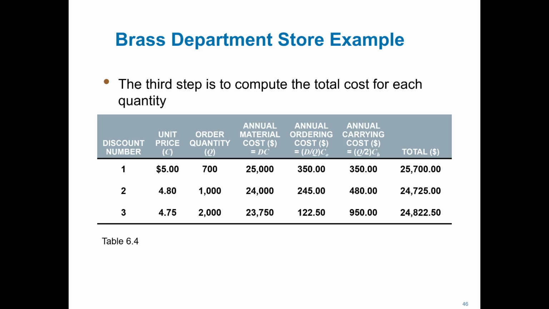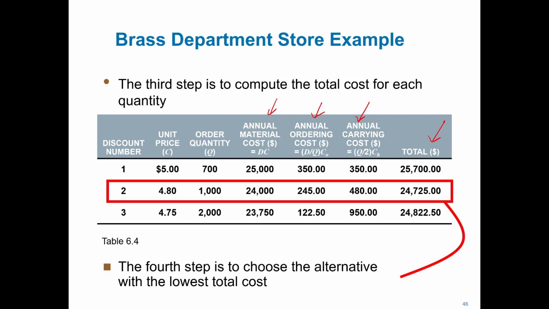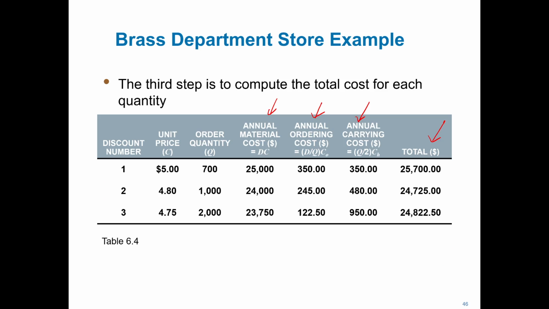So we calculate the total cost, which is the summation of three costs: annual material cost, annual ordering cost, and annual carrying cost. This is the total cost of these three choices. First the order quantity 700, then order quantity 1000, and then order quantity 2000.